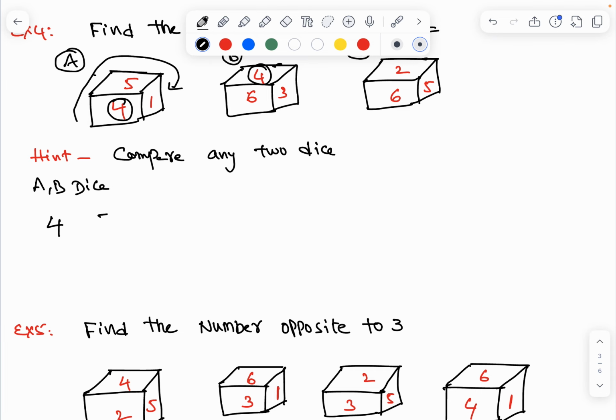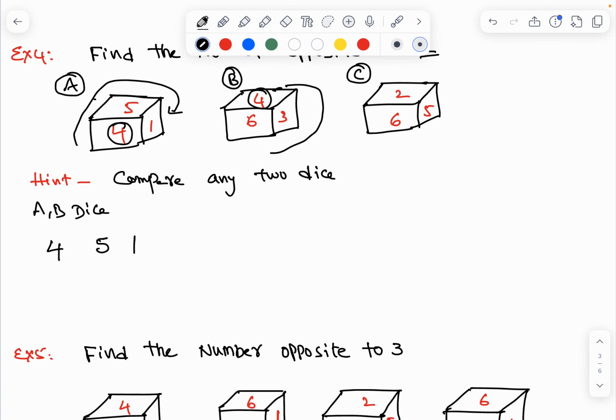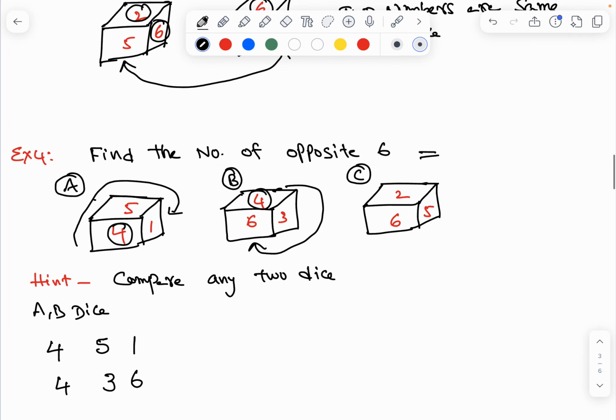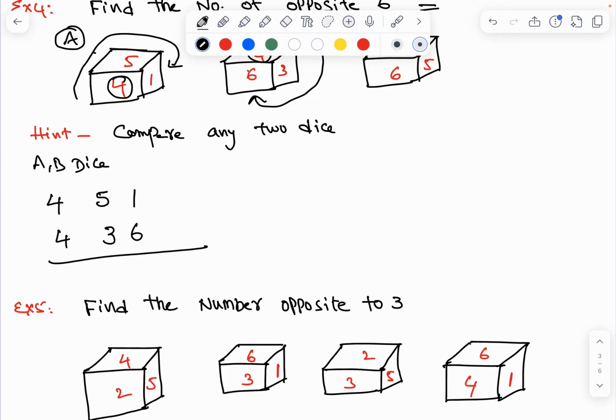Starting from 4: 5, 1. 4: 3, 6. What is the question? Opposite to 6. You can observe 5 is opposite to 3, 1 is opposite to 6.